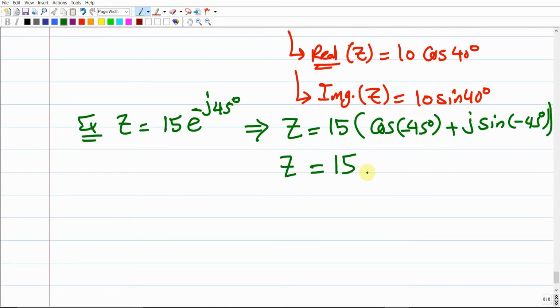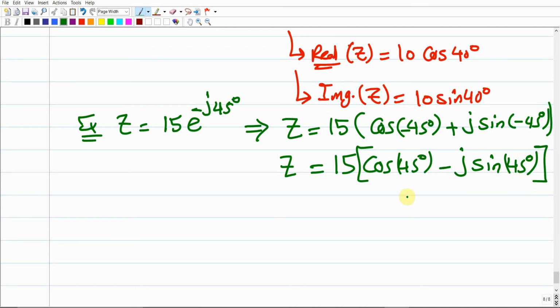z is going to be 15 cosine 45 degrees, because the cosine gets rid of the negative, but the sine rejects the negative outside the sine. So it's going to be negative j sine 45 degrees. Make sense?